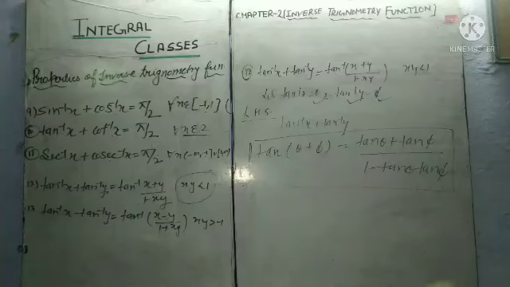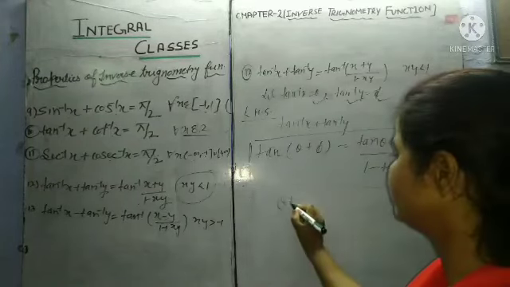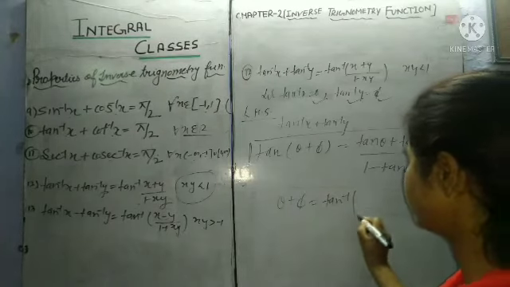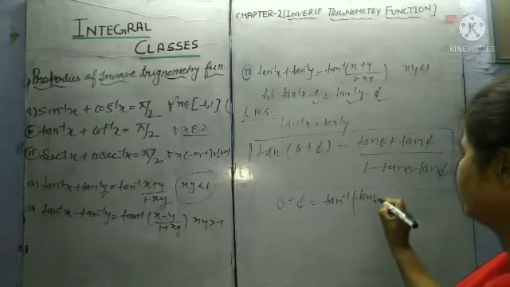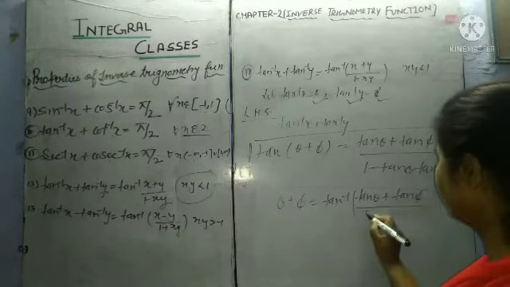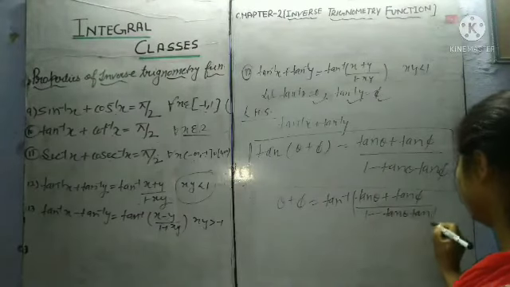Now student, first of all we will take tan to the other side, then it will become theta plus phi equal to tan inverse of (tan theta plus tan phi) upon (1 minus tan theta tan phi).